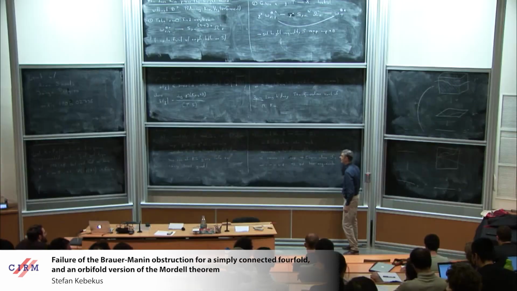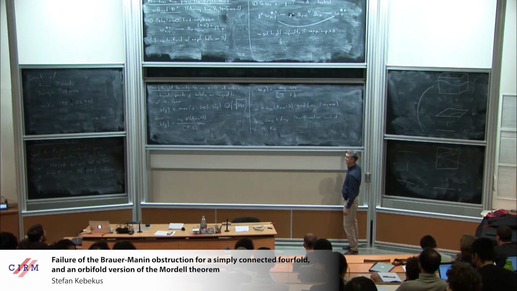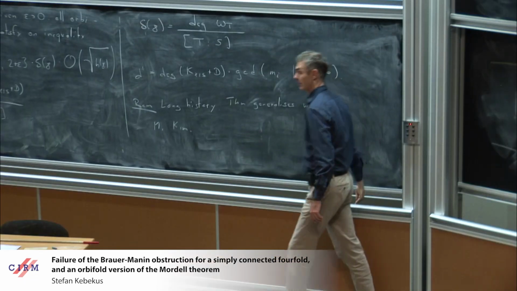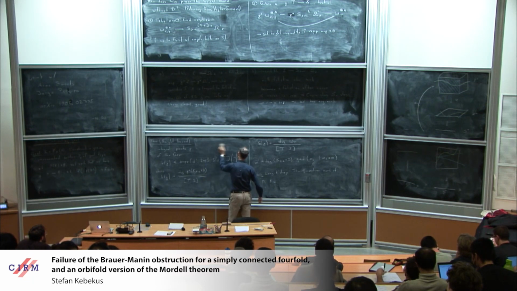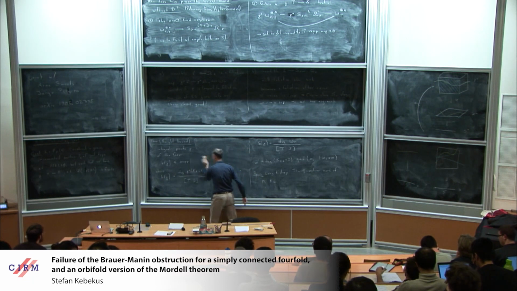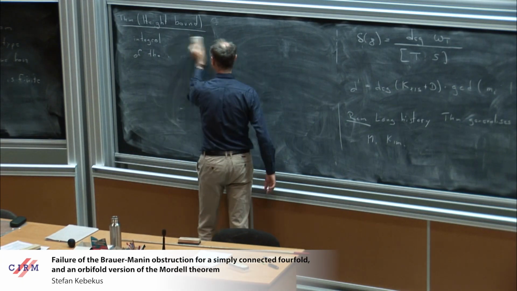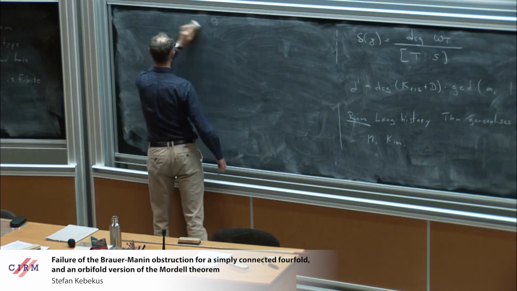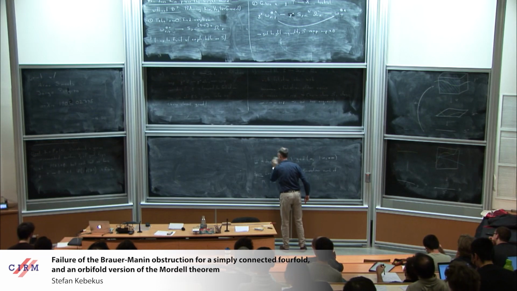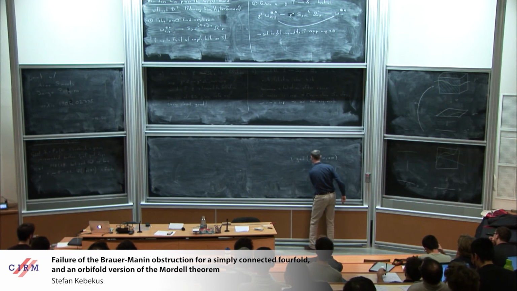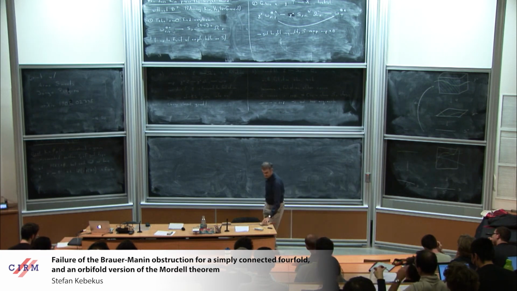And then, what do we do in our orbifold case? In the orbifold case, we basically build on ideas of Campana and Poonen. Now I'm running short of time, so instead of writing complicated things on the blackboard, let me just say a few words.